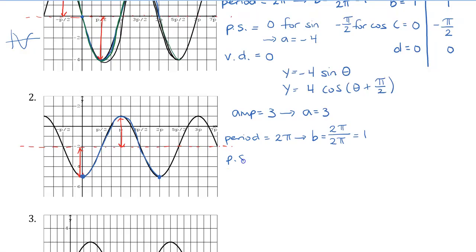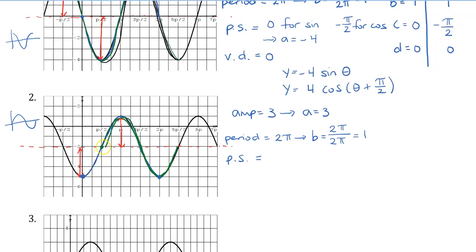All right, so let's take a look at phase shift. If I look at my sine graph, I'm looking for this shape here, and remember it starts in the central axis. If I follow this point here and follow this along, I will have that shape that I'm looking for.